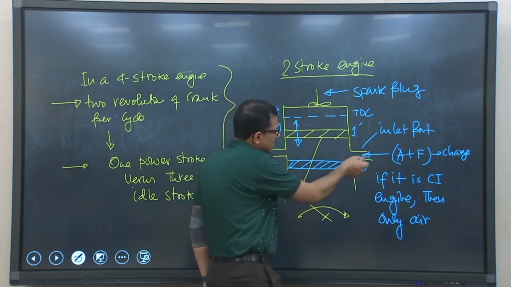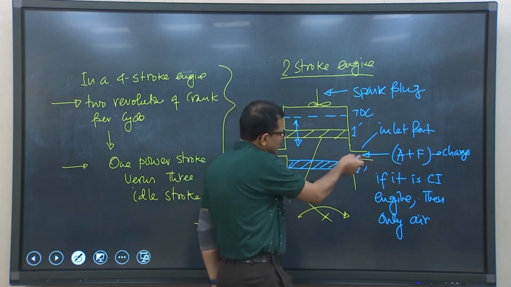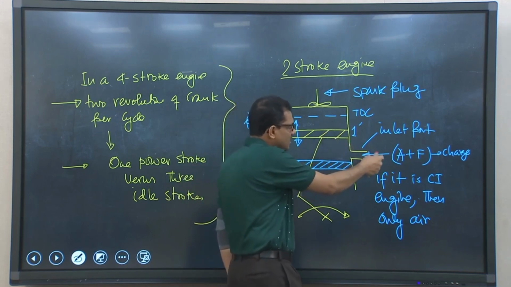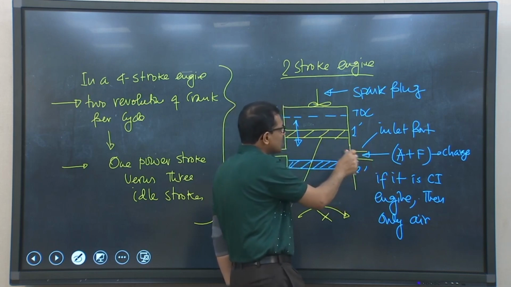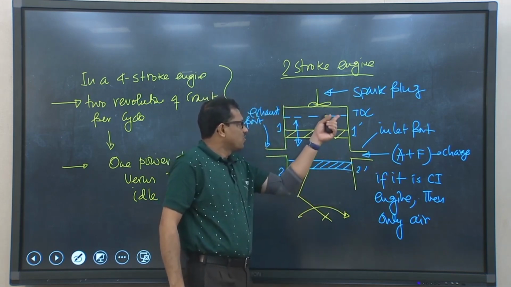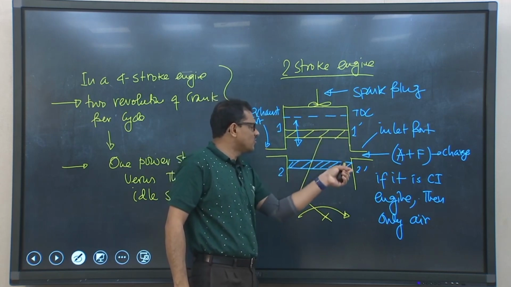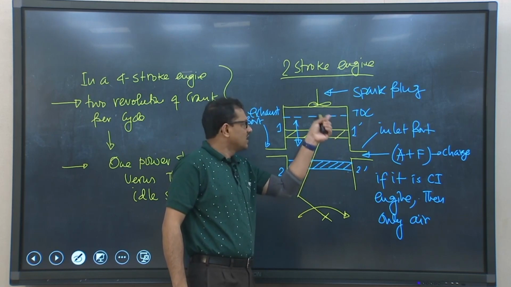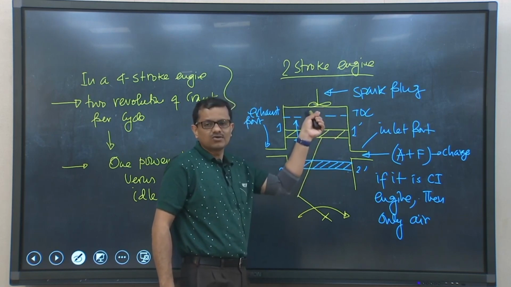Now, if we can have some pressurized system to supply charge or only air through this inlet port to the engine cylinder, then when the piston is coming from TDC to BDC during the power stroke, the entire space is filled with combustion products.